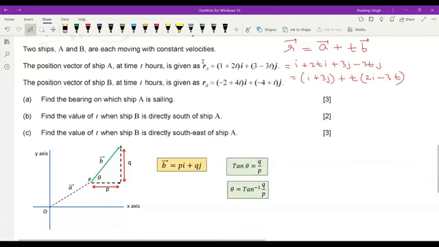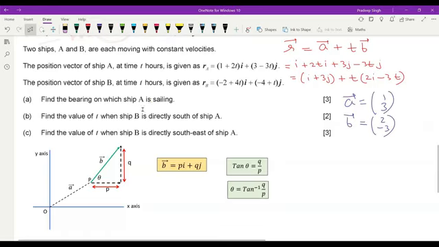So now we can compare the given equation with the standard equation, which is A plus tB. Hence, we can say that the initial position vector for ship A is i plus 3j, and the velocity vector for ship A is 2i minus 3j.